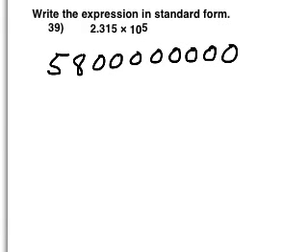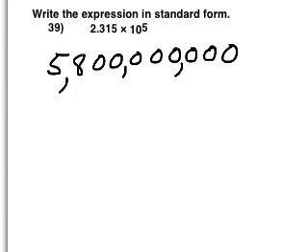Okay, so what this has to do with scientific notation is we use the fact that we can go 10 to different powers, positive or negative, and then we can use that to express numbers. So let's say we had this number, 5,800,000,000, whatever that is, okay? 5,800,000,000 might not even fit in your calculator to work a problem.